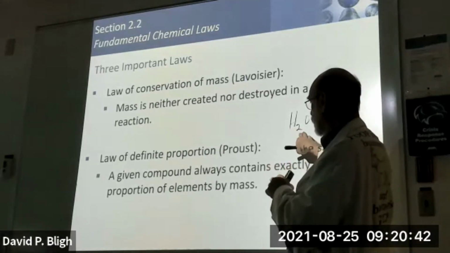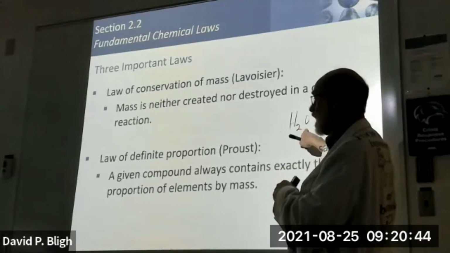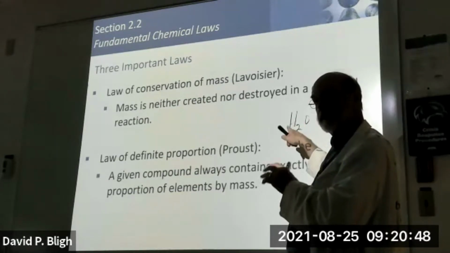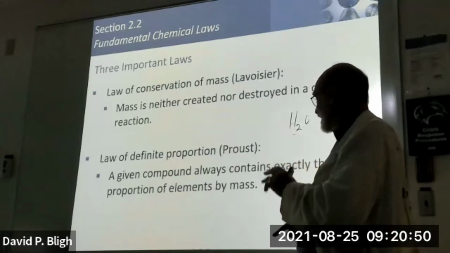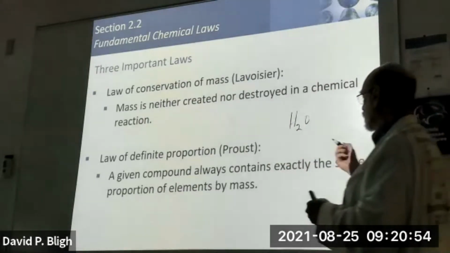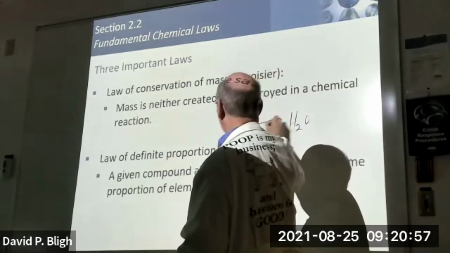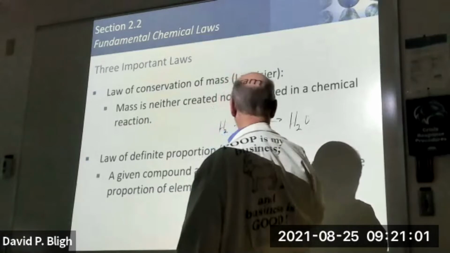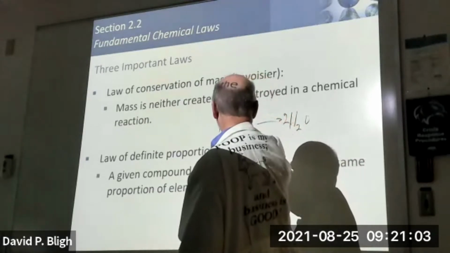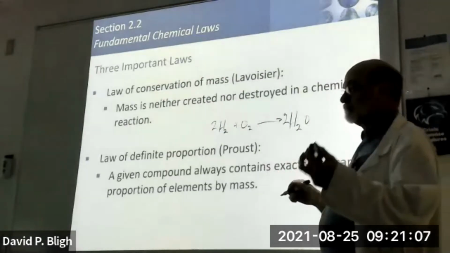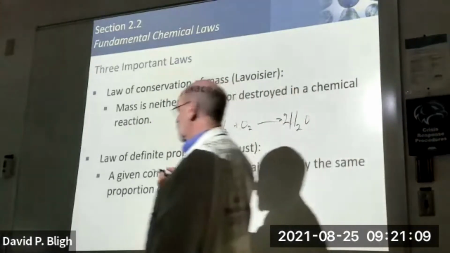So this is our expression. They just knew that hydrogen and oxygen always combined to make water in a definite mass proportion, right? And it didn't matter where they came from. This water could be from the combustion of hydrogen and oxygen to make water, or it could be from an acid-base reaction. Right?